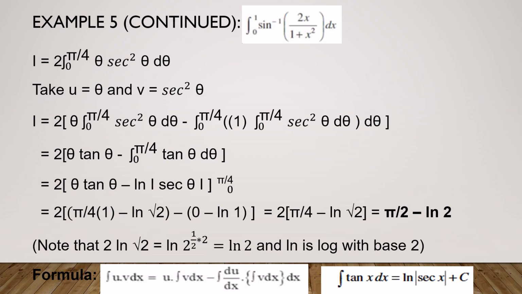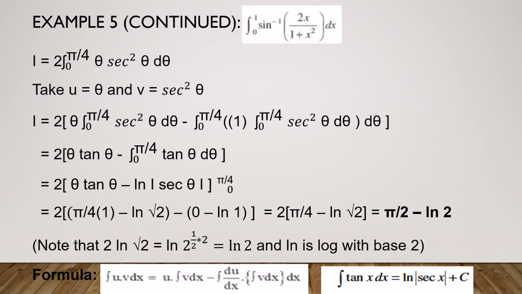So it is ln of root 2 minus, now you put the value of theta as 0. So the first term will come 0. For the second term, you know that sec 0 is again 1. That means it is ln of 1, and ln of 1 is 0. So it is now simplified as 2 into pi by 4 minus ln of root 2, which is equal to pi by 2 minus ln of 2.